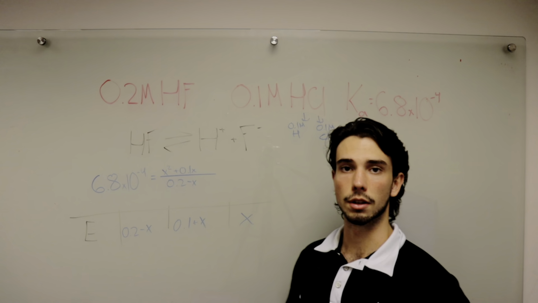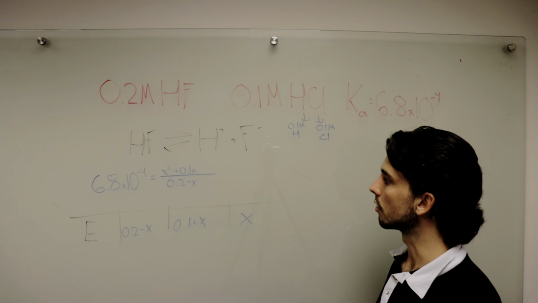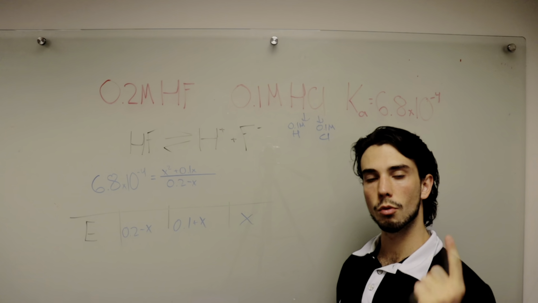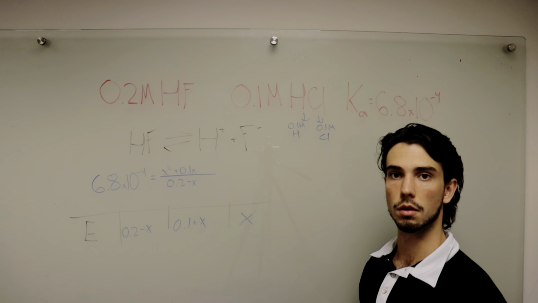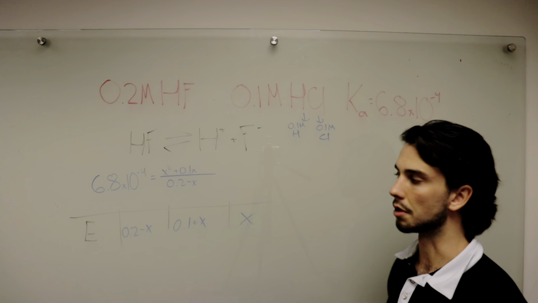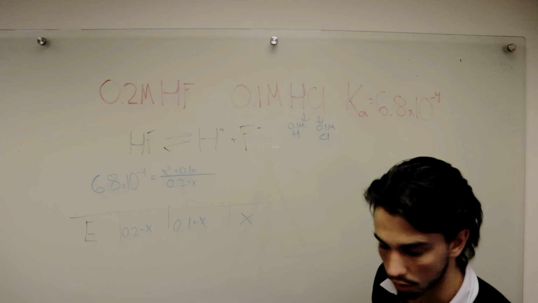This does not look like a very good formula, so we're going to rewrite it into the quadratic form, ax squared plus bx plus c equals 0. Let's rewrite this formula.